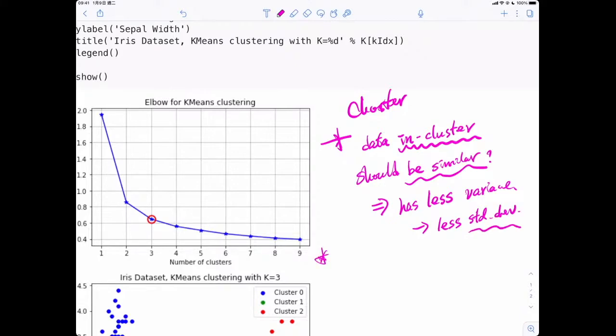When we do clustering, there is a basic concept: why do we consider something a cluster? Because the points are all close together. Remember the term we use here is within cluster. They are similar, so they should be crowded together. When they are crowded together, it means their standard deviation in that space is small. So that is rule number 1. The data within a class should be similar, which means they are crowded. They have less variance or less standard deviation.